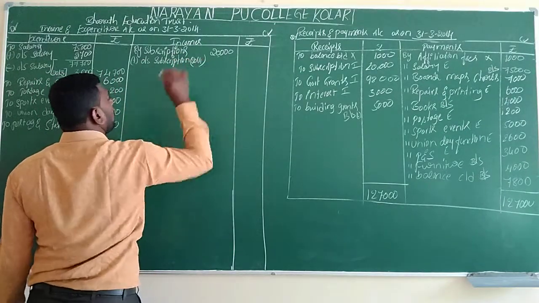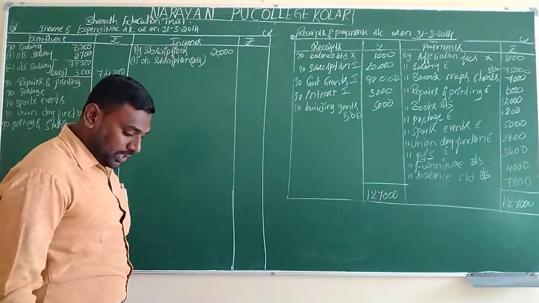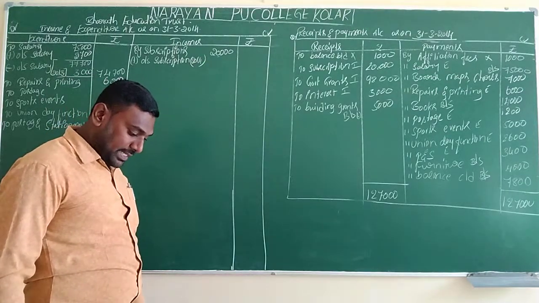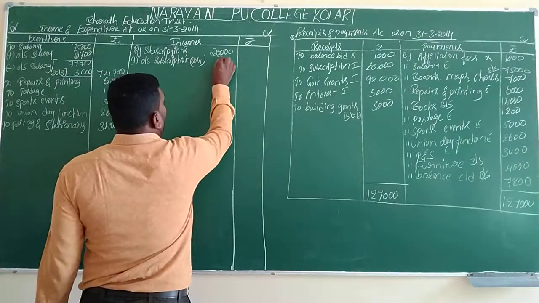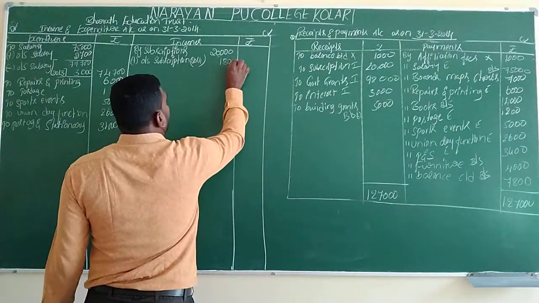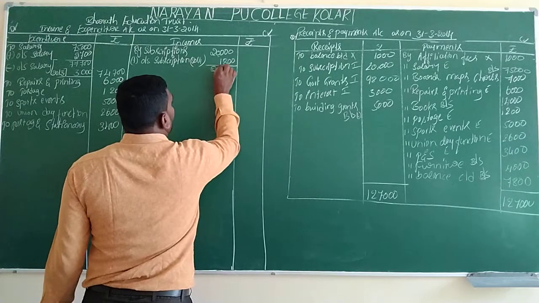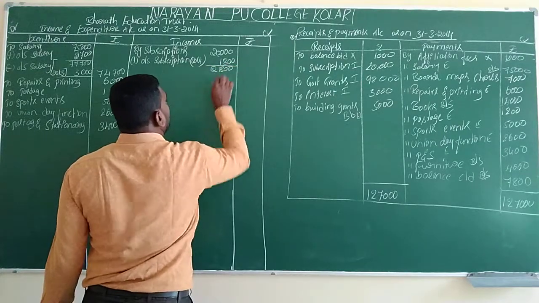In adjustment number 2 it says subscription due is there, that will be considered outstanding subscription, that is 1,800. We will get 21,800 as the exact amount.